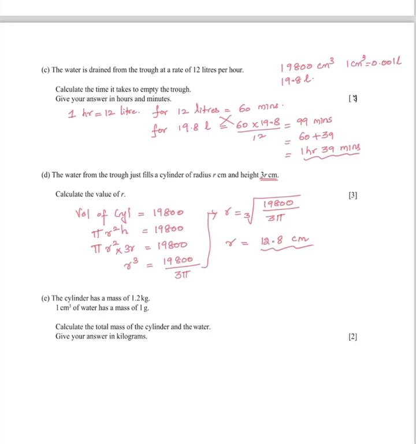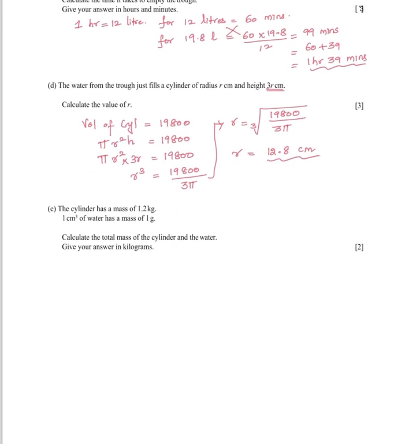Then subdivision E. The cylinder has a mass of 1.2 kg. 1 centimeter cube of water has a mass of 1 gram. So that means the water is filled into that. 19,800 centimeter cube of water has been sent into this.